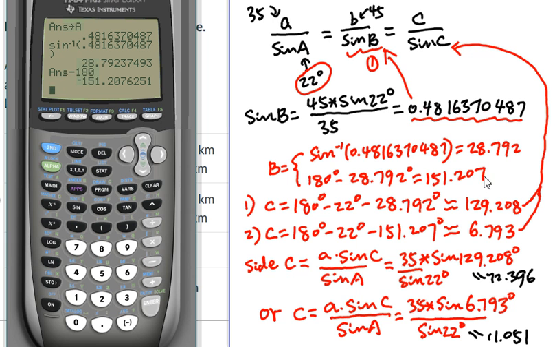It's positive. So when you do the sine value, and if you input 151.207, you hit enter, you also get the same sine value, 0.481 something.